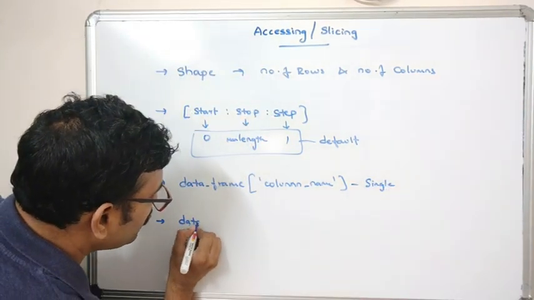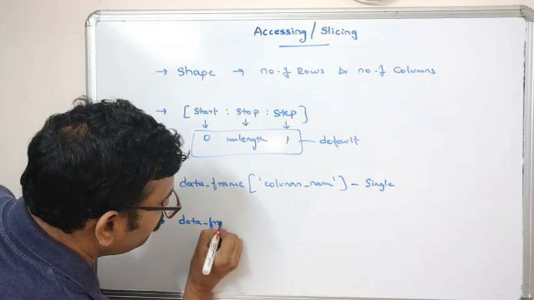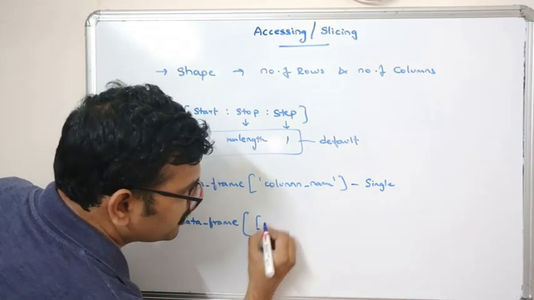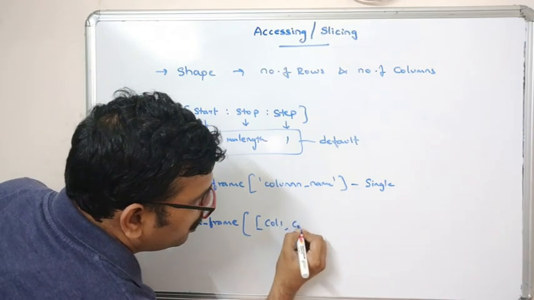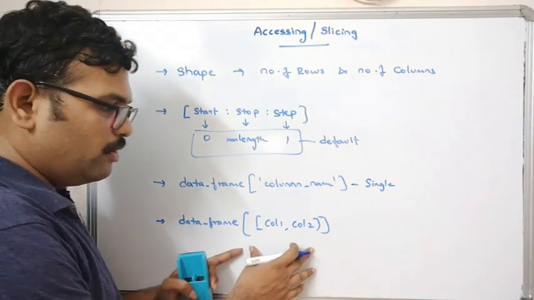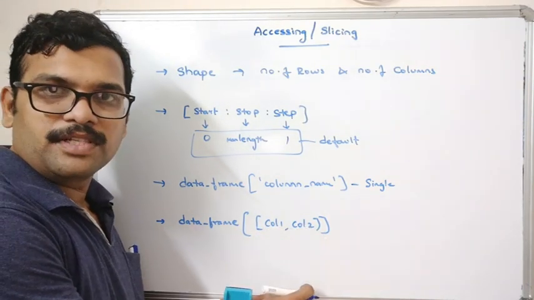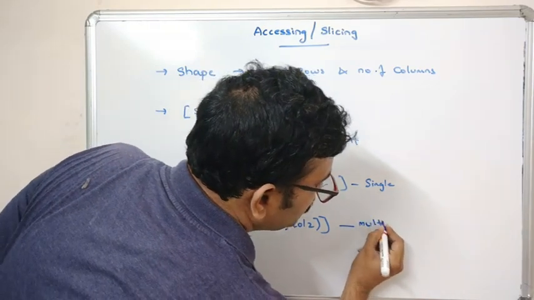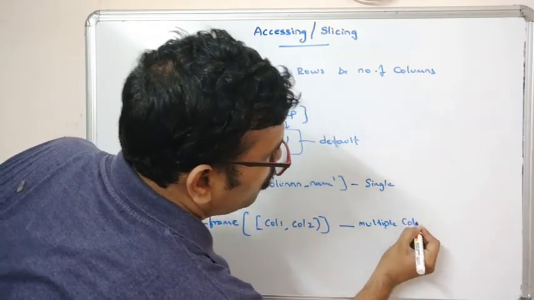And if you want to get multiple columns, give data frame of another subscript. Here we can write column 1, column 2, right? So it will give the complete 2 columns from the table. This gives the multiple columns.